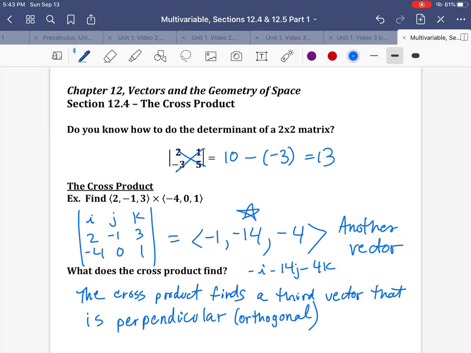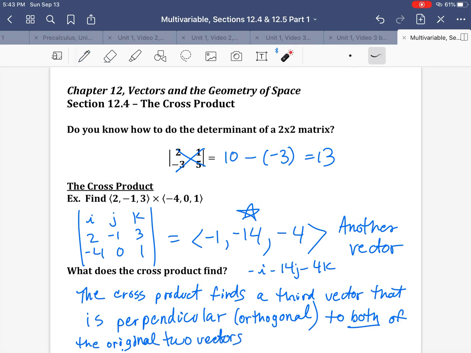Probably has some kind of physics meaning or reason for that. That is orthogonal to both of the original 2 vectors.